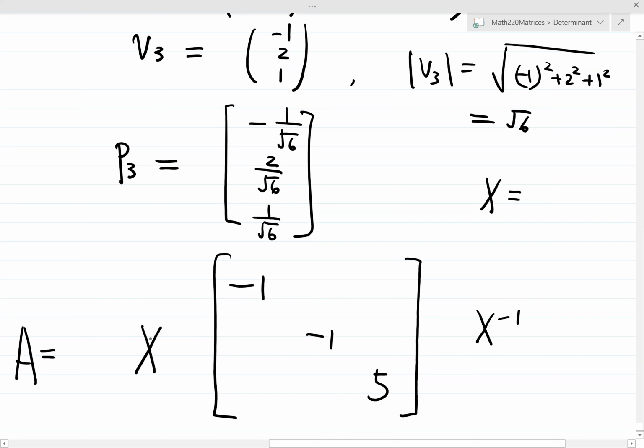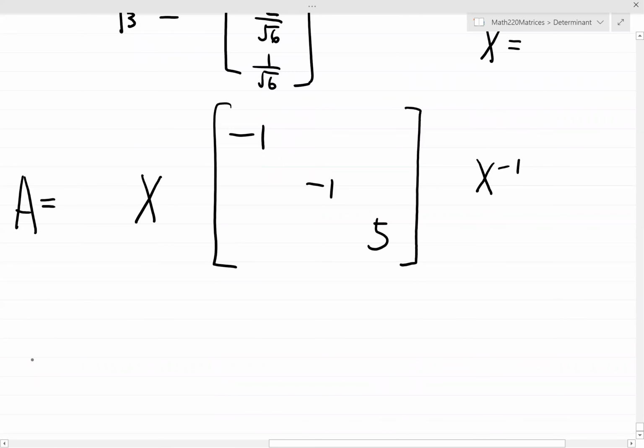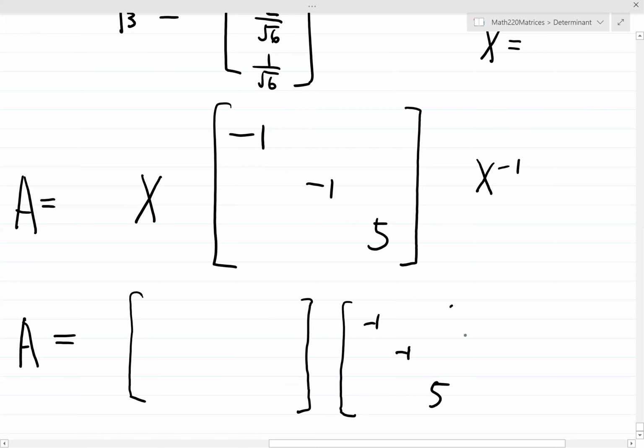X is the matrix whose columns are the 3 eigenvectors.